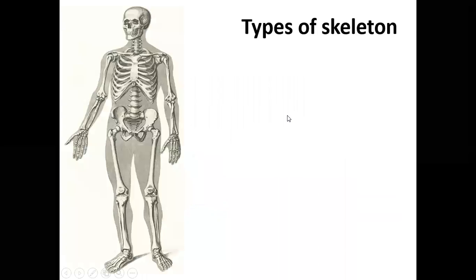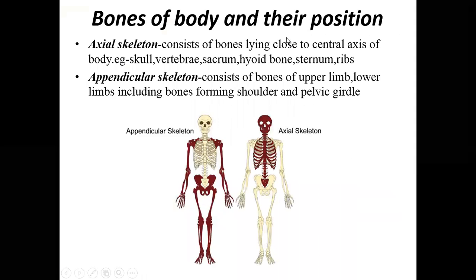Now coming to different types of skeleton. So there are two types of skeleton: axial skeleton and appendicular skeleton. So this is axial skeleton, and this red color is represented as appendicular skeleton. Axial skeleton, as the name suggests, is seen at the axis of the body. So this is the axis of the body.